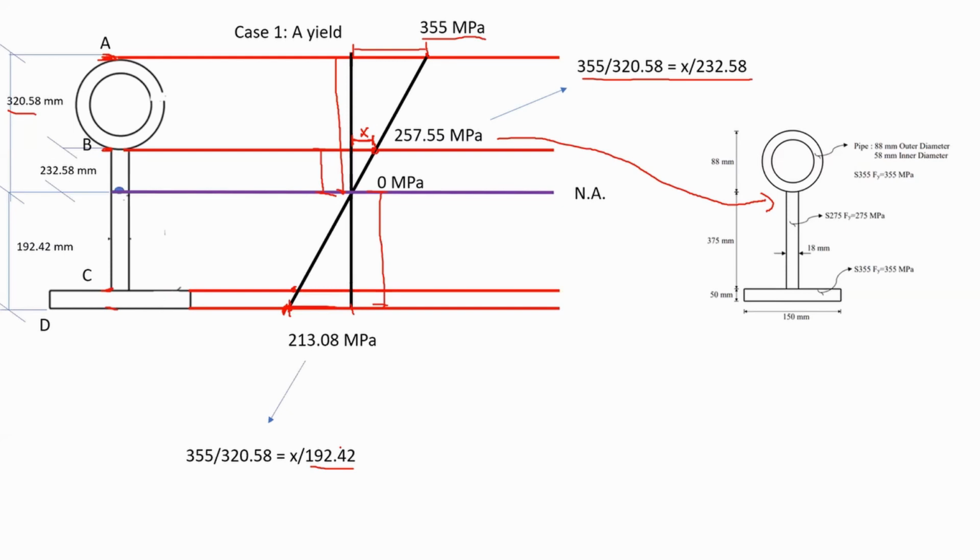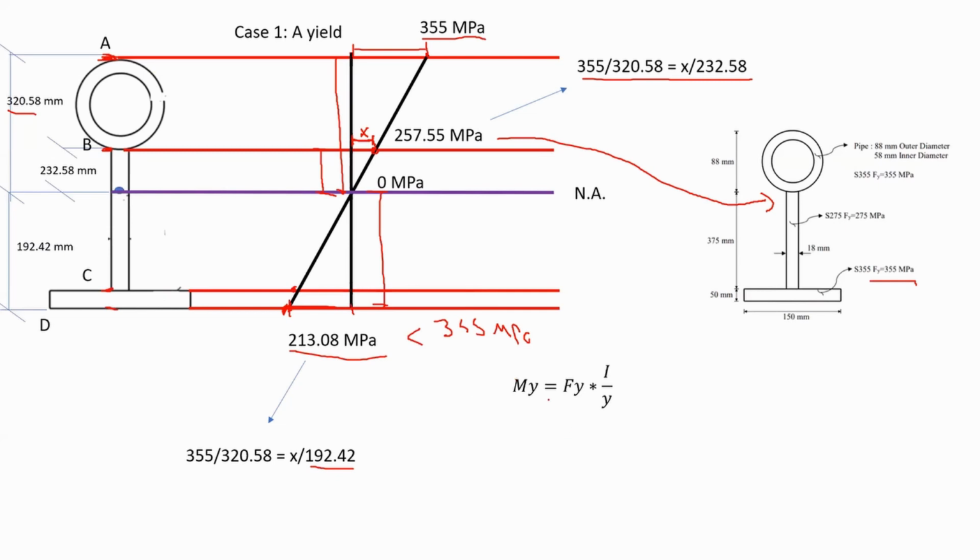That's the base, and we're interested in finding the height, and it appears that it is 213 megapascal. Again, if you compare it with the yielding stress for that section, it appears that 213 is less than 355 megapascal. So as you can see, the only point that yields is point A. Therefore, my assumption is correct, and I can carry on with my solution.